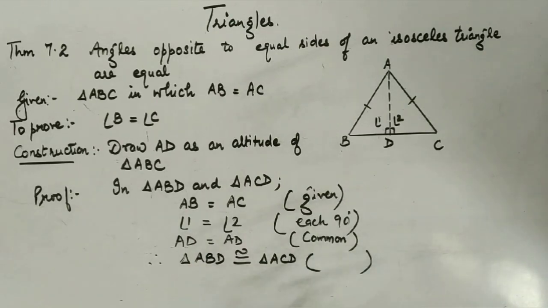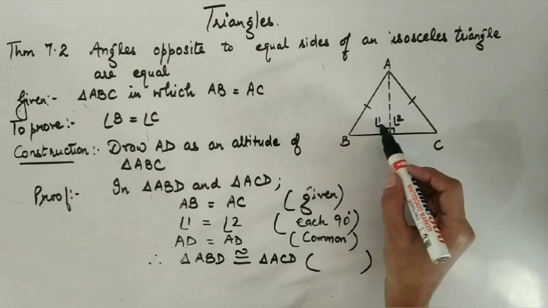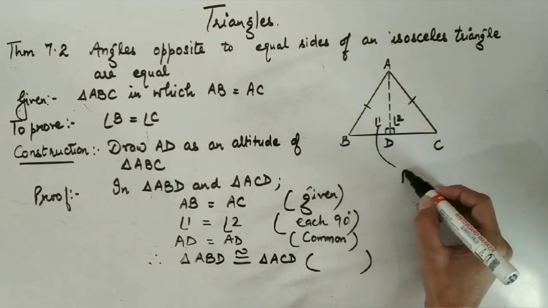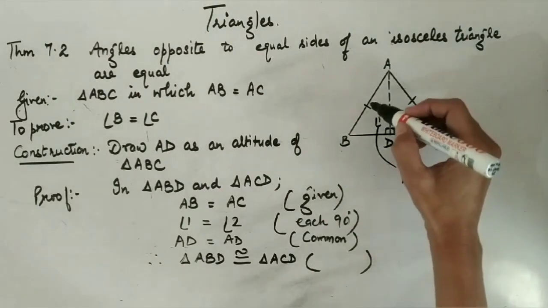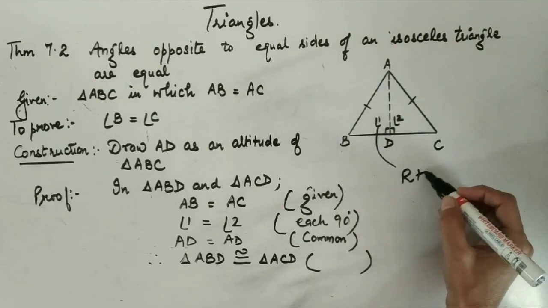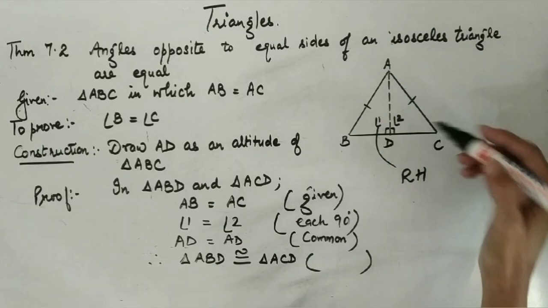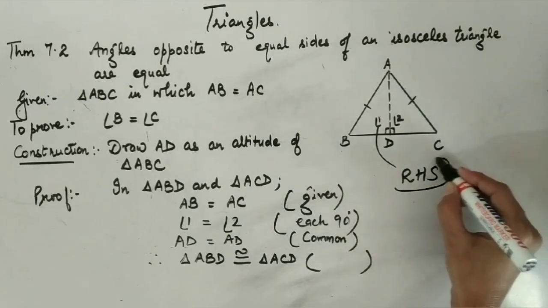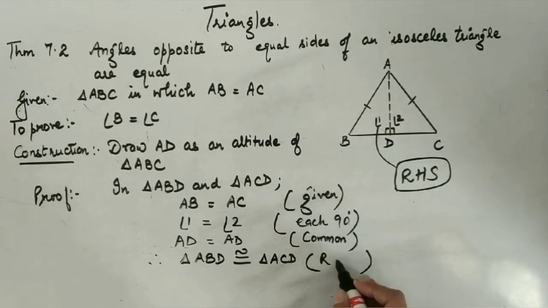Which rule is it? Very important. One is we observe a right angle, so R. Then we observe this side opposite to the right angle, that is the hypotenuse. Then we took one side, so it is the RHS rule. By RHS congruence criterion, these triangles are congruent.